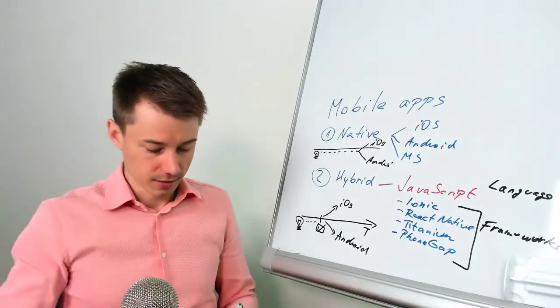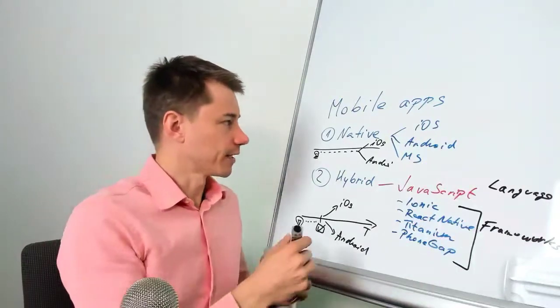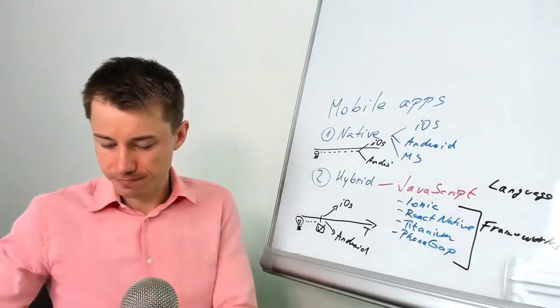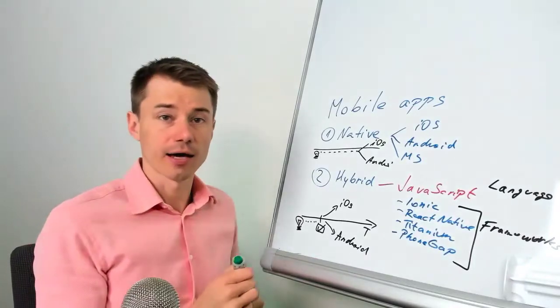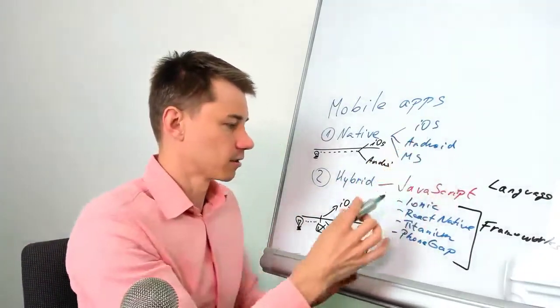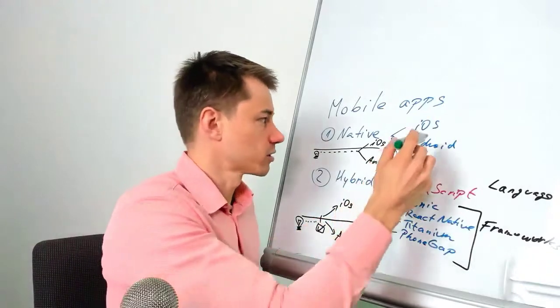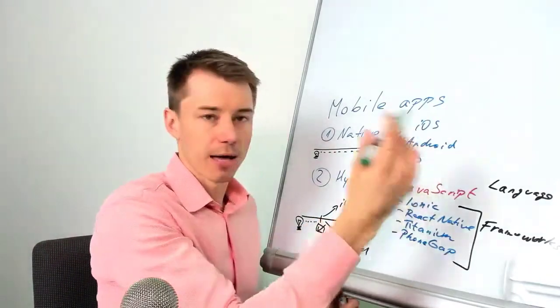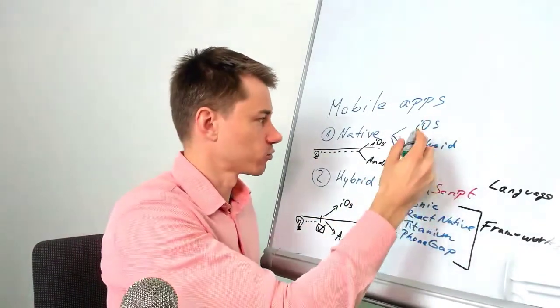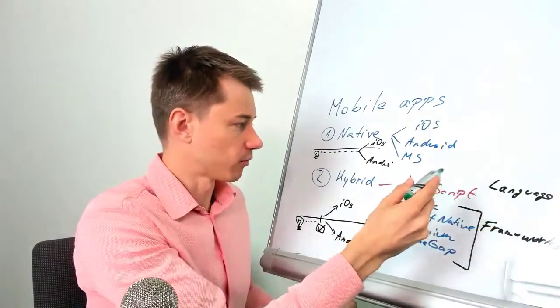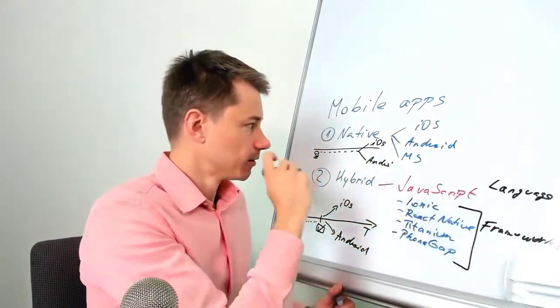Okay, hello. So looking at, for example, the iOS platform, iOS is Apple, in other words. iOS is an operating system. Apple is the brand everyone knows, and iPhone is a mobile phone. iPad is a tablet.